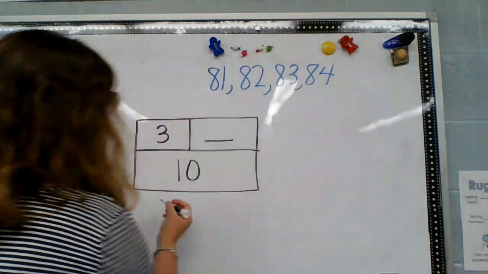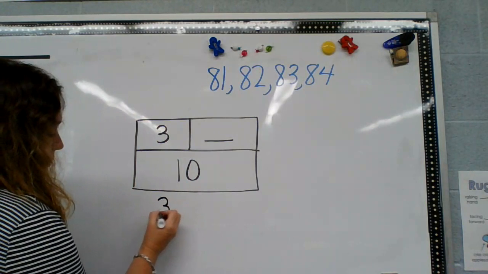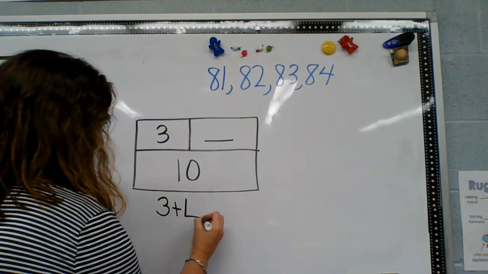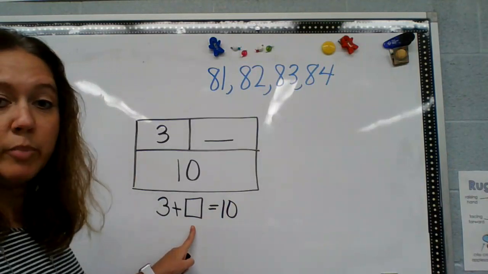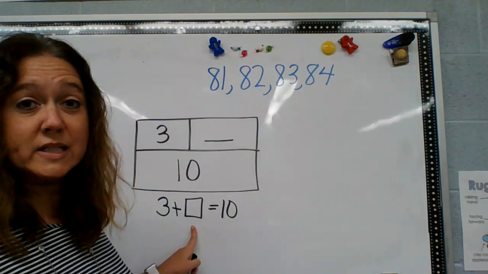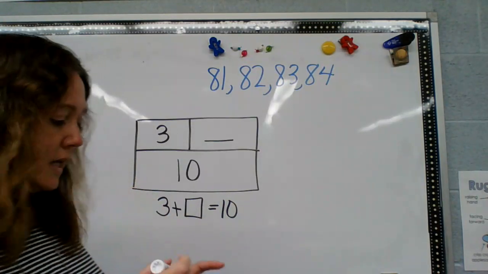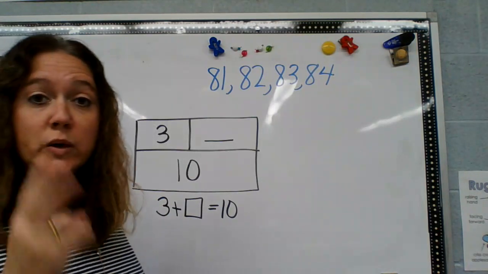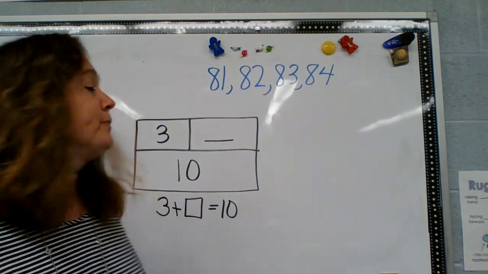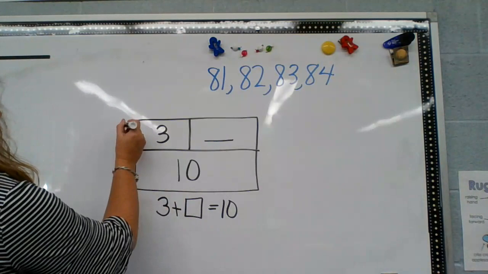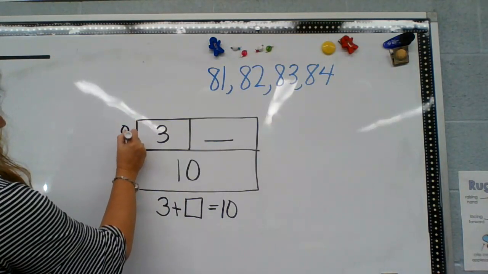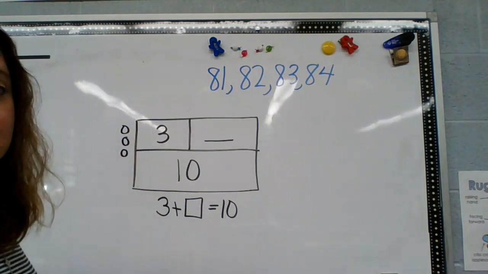I'm going to show you a couple ways that we can solve this problem. Also, I'm going to put this problem under here. This is the missing part. We don't know what this answer is. We know there are 3. I'm going to put 3 circles on this side.